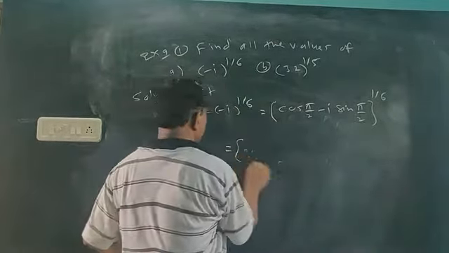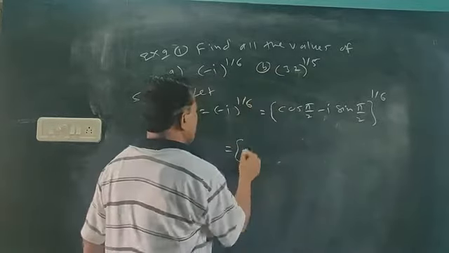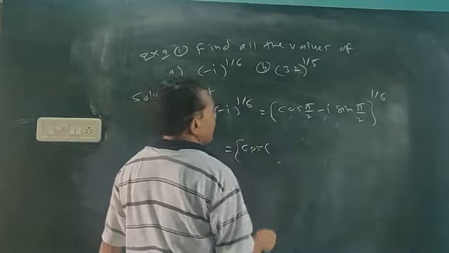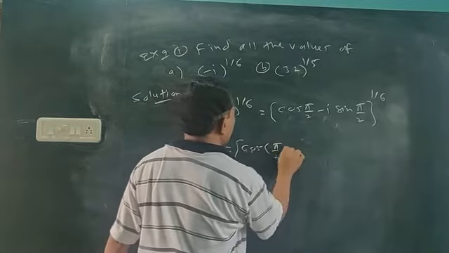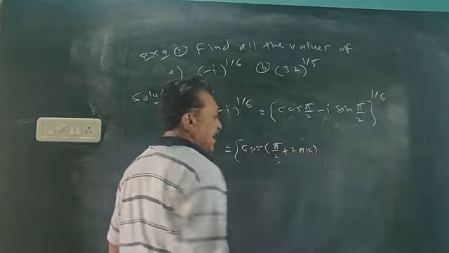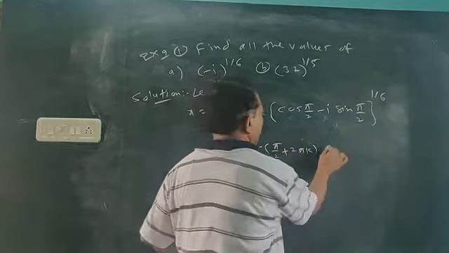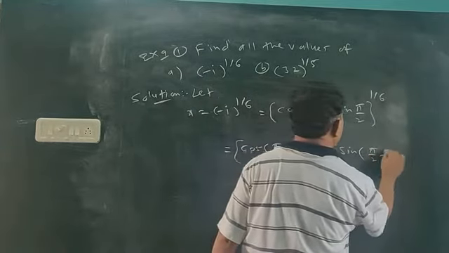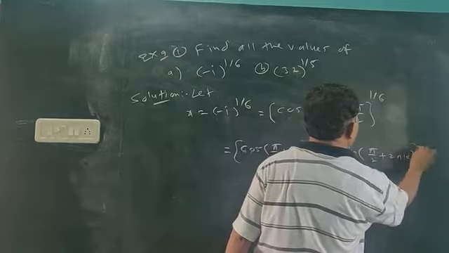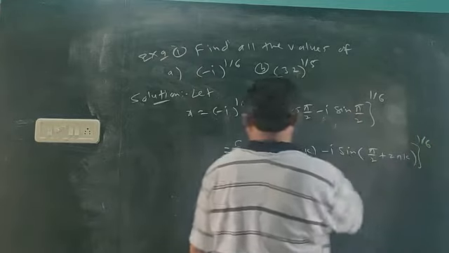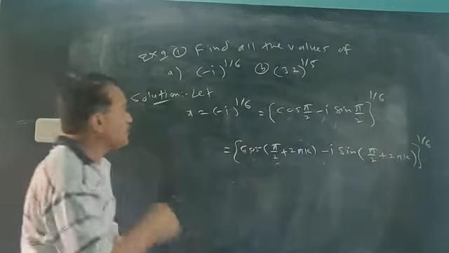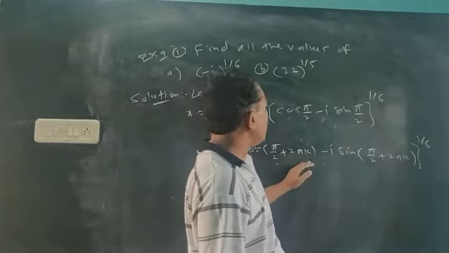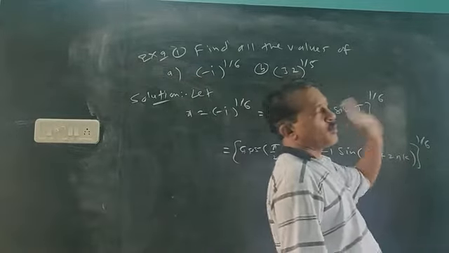Sin and cos are periodic functions, therefore we can add 2 pi k to any angle in sin and cos: cos of theta plus 2 pi k.